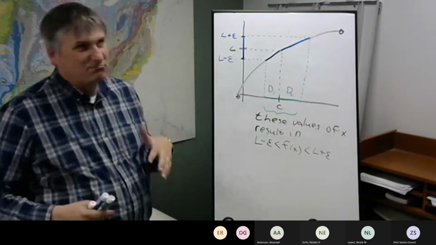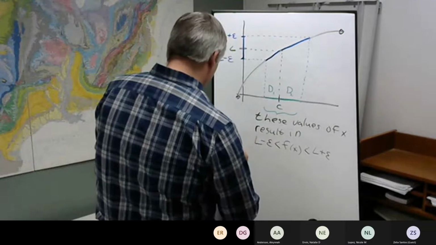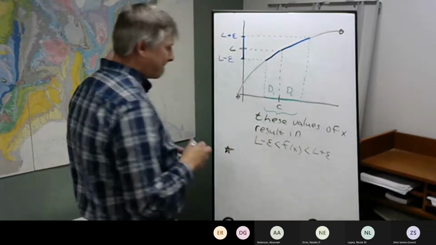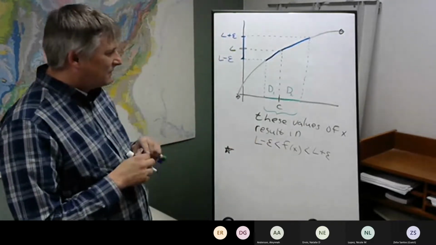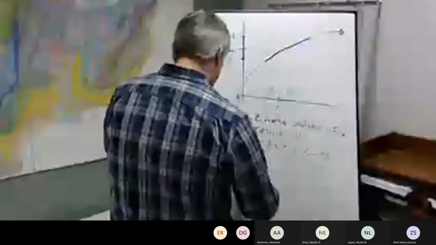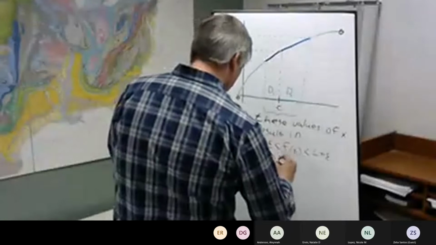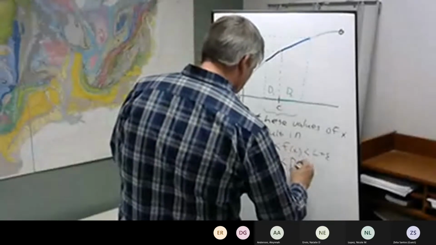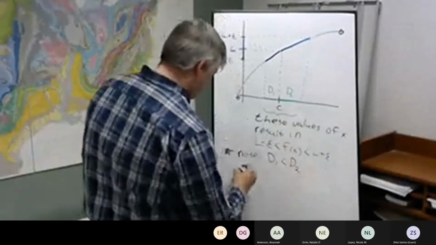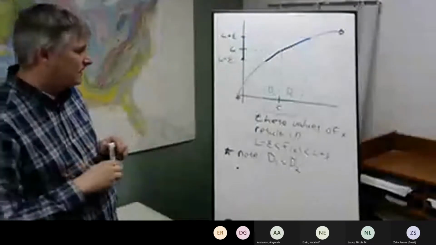Now we're going to make what might seem like a slick observation. D1 is smaller than D2. So what we're going to observe is this.